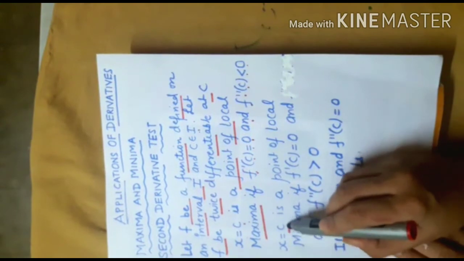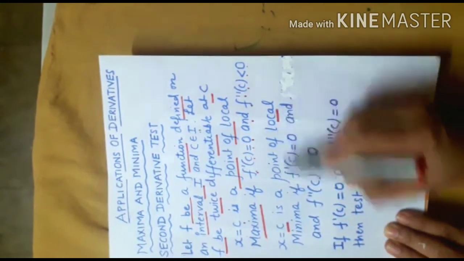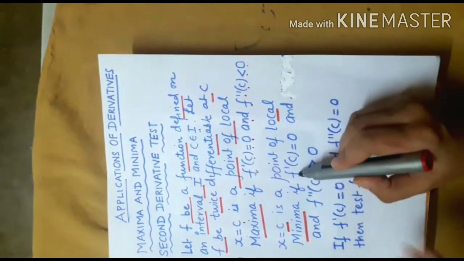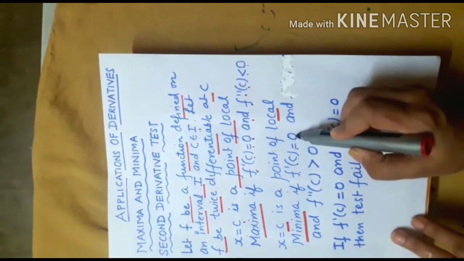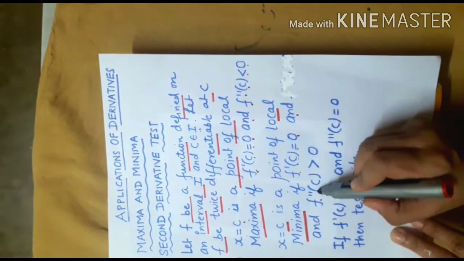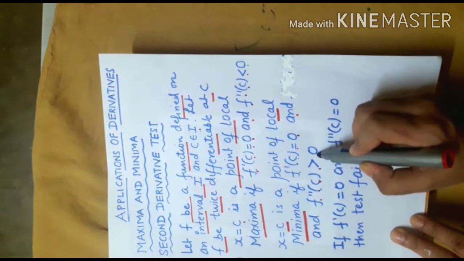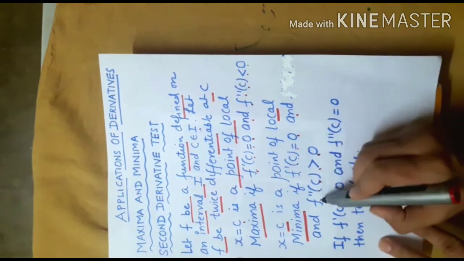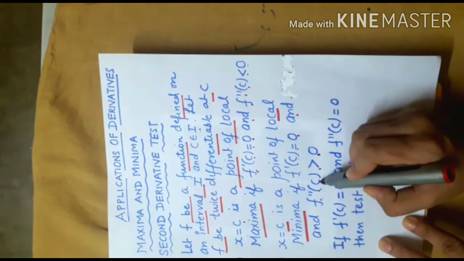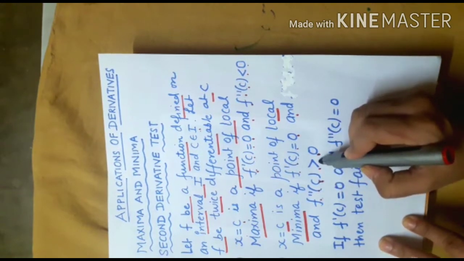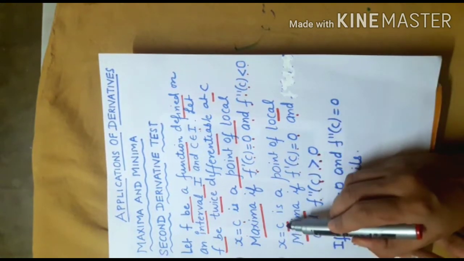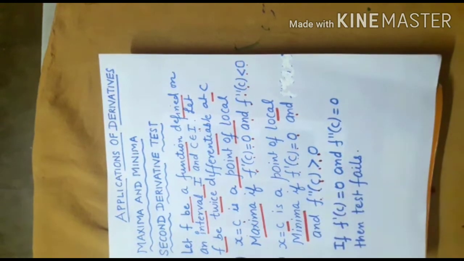And x equal to c is a point of local minima if f dash c is 0 and f double dash c is greater than 0. That is, if the second order derivative at the point c is positive, then x equal to c will be a point of local minima.